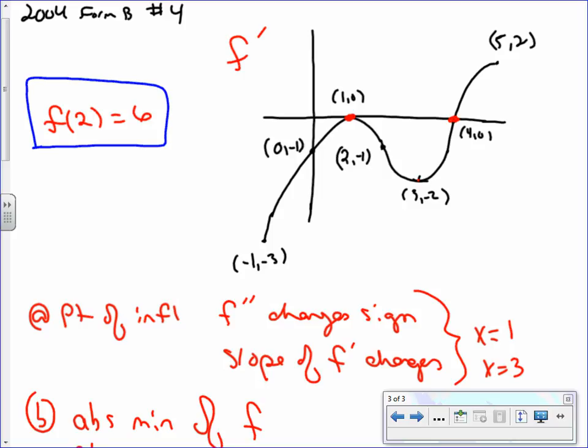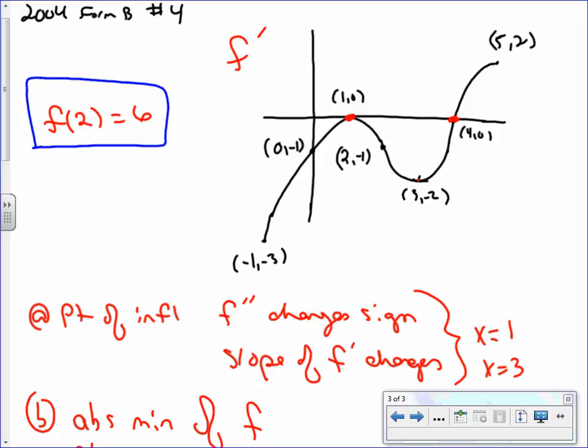If they tell it to you, you're probably going to have to use it. Why, when they said f of 2 equals 6, did they do the whole thing about f being differentiable? They said that so they wouldn't have to get upset with people who didn't consider where f prime was undefined, because nobody remembers to do it.